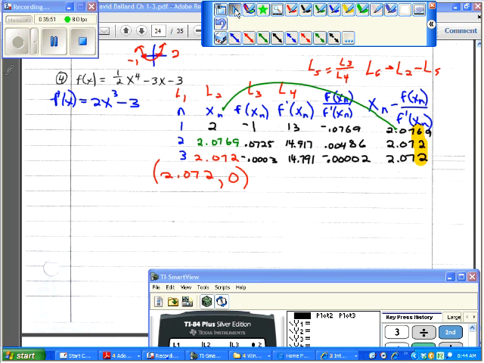And now we need to go for the other intercept, right? And so I'm just going to come down here and start numbering again. 1, 2, 3. And my first guess this time is going to be the -1.